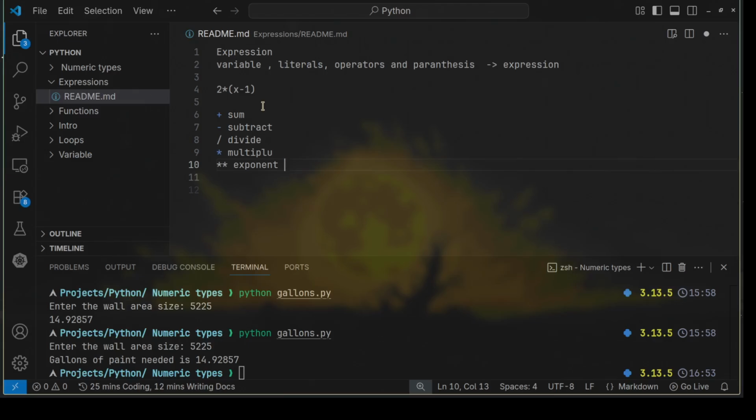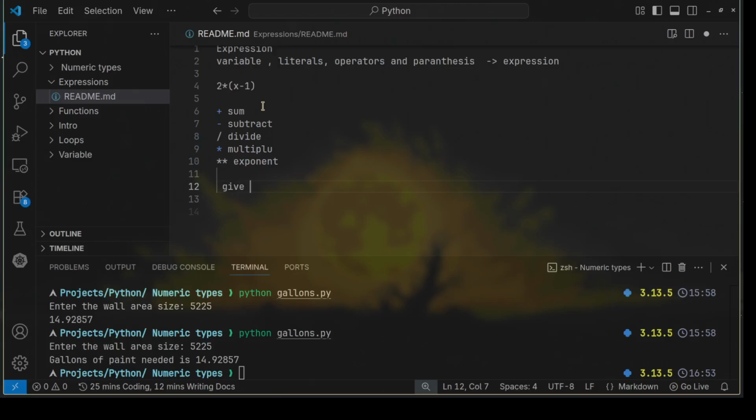Let me give an example. If we say x and y, here we say x raised to y, x to the power of y.